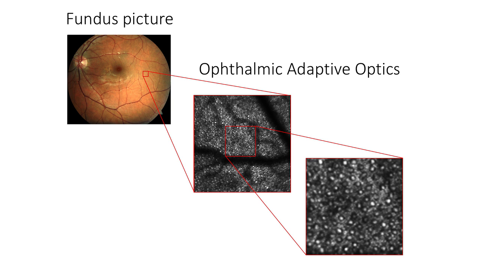In order to do that, we recruited technology from the field of astronomy. It turns out that the same technology that you could use to look at the stars, when people talk about a 30-meter telescope, we're going to use exactly the same technology and the same ideas to look inside your eye to see the cells instead of the stars.